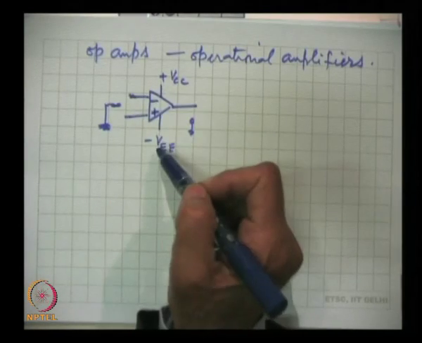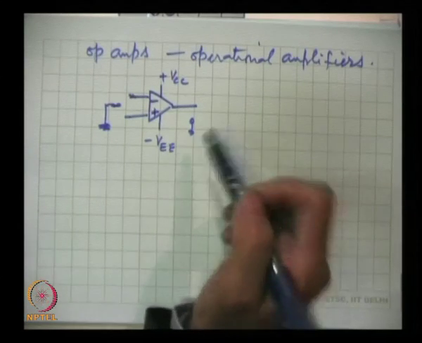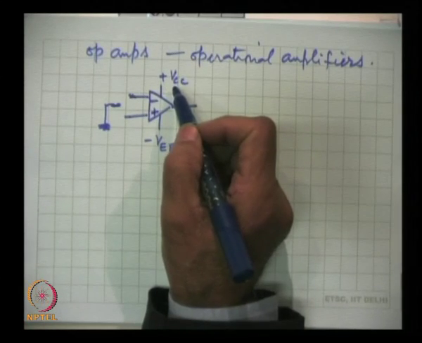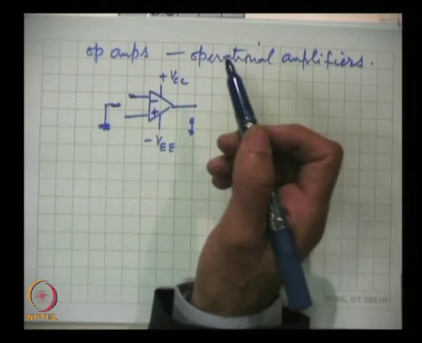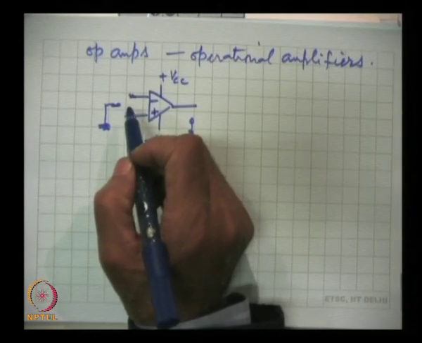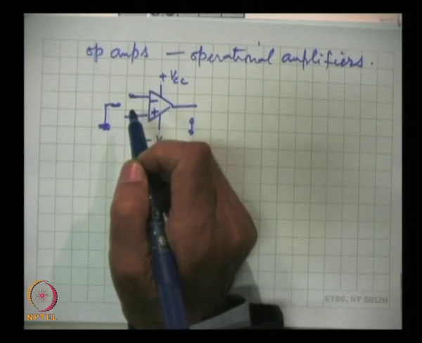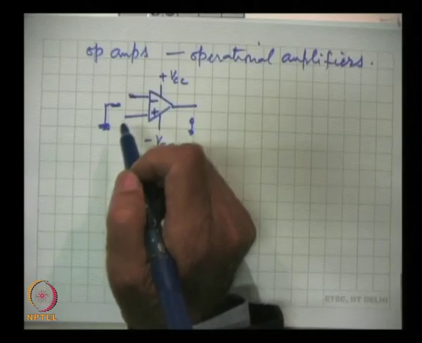It is not shown for the sake of simplicity of the circuits. This may be 9 volts, 12 volts, 15 volts, up to 30 volts, because there is a very large number of operational amplifiers. In the market, there are more than 2000 different types of operational amplifiers to meet different requirements.